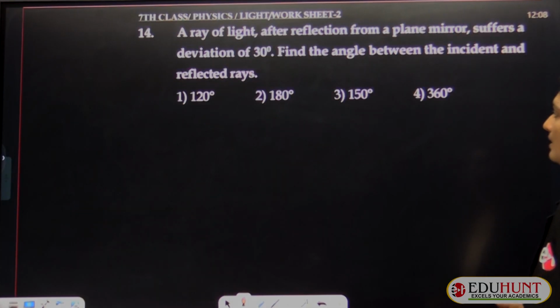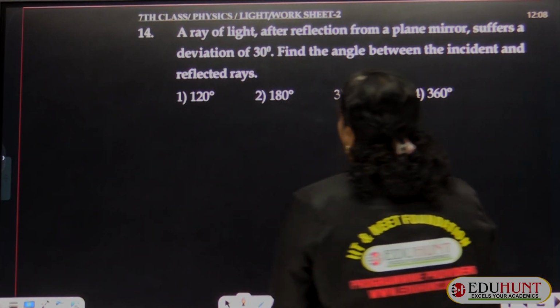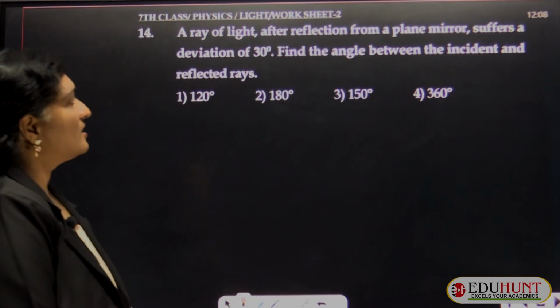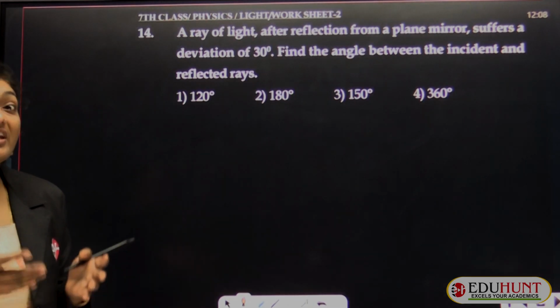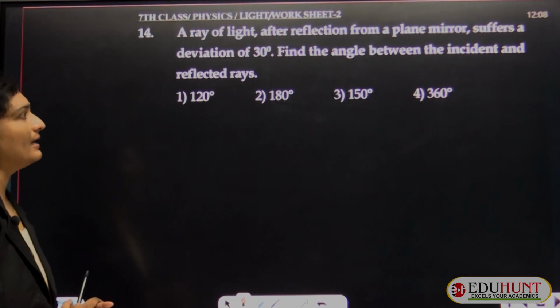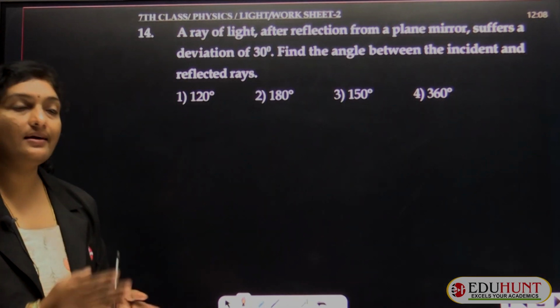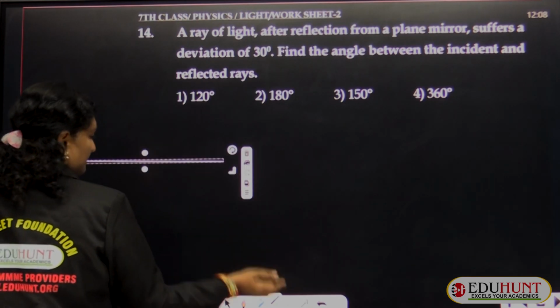Let us move to the next question, that is the 14th question, children. A ray of light after reflection from a plane mirror suffers a deviation of 30 degrees. Deviation, d value is now given as 30 degrees. Find the angle between the incident ray and reflected ray. So, let us imagine the picture for this.